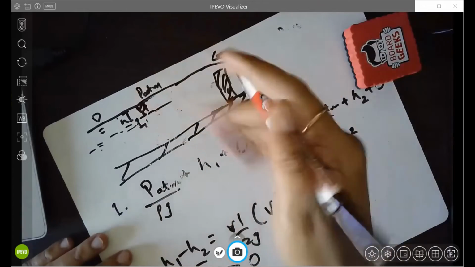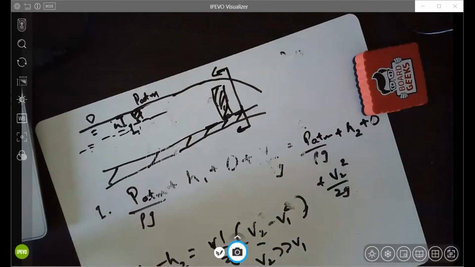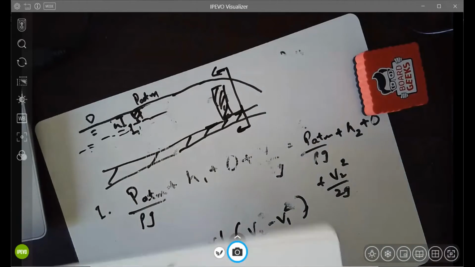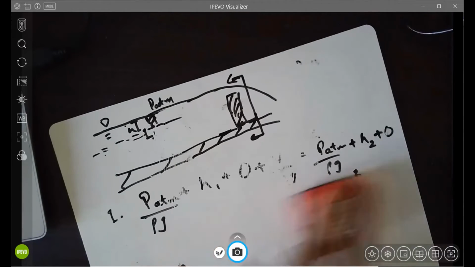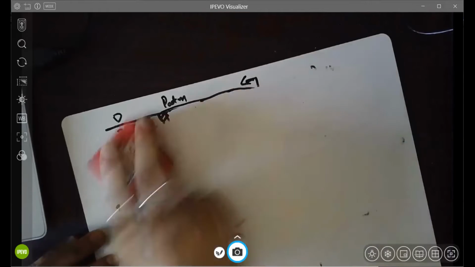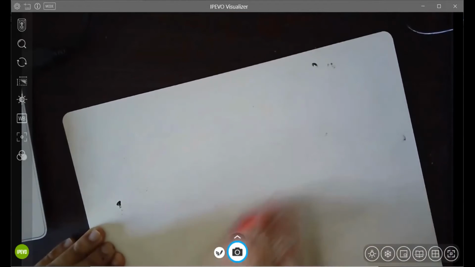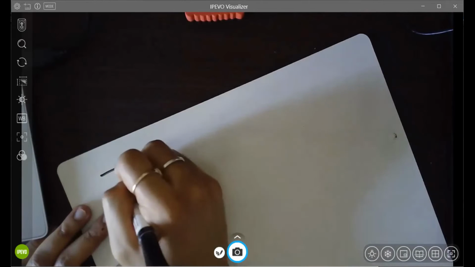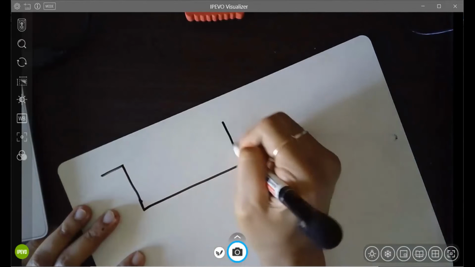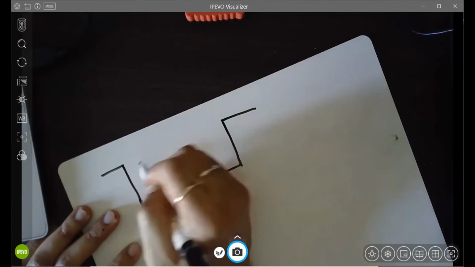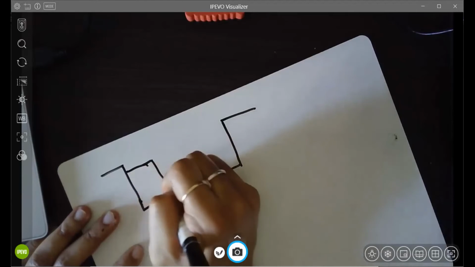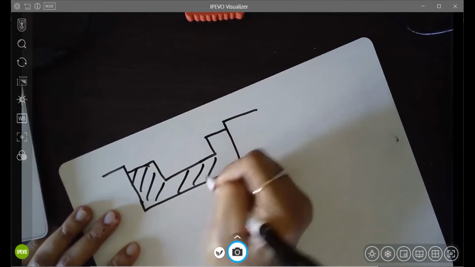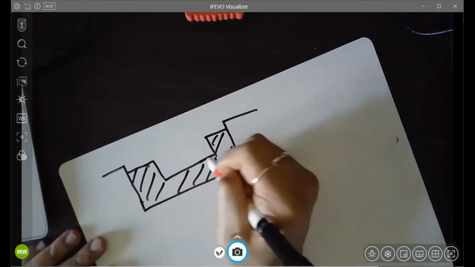I'll show you how it looks in the elevation on the other side. This is a river channel, and this is the weir. This is a rectangular weir. There can be other weirs too. They can be triangular weirs, but in our case, we'll just concentrate on the rectangular.